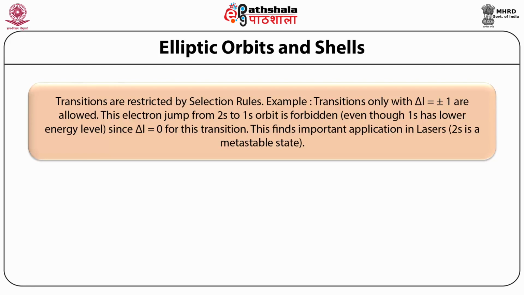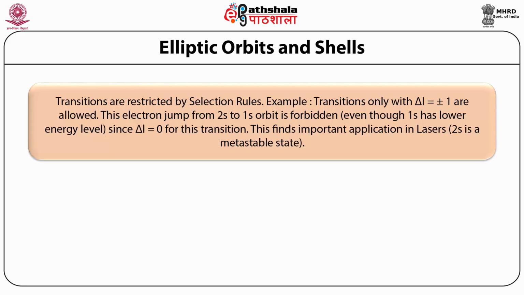And this finds very important application in lasers. That is, this 2s state is called a metastable state, because it cannot decay into the 1s state. That is forbidden by the selection rule.